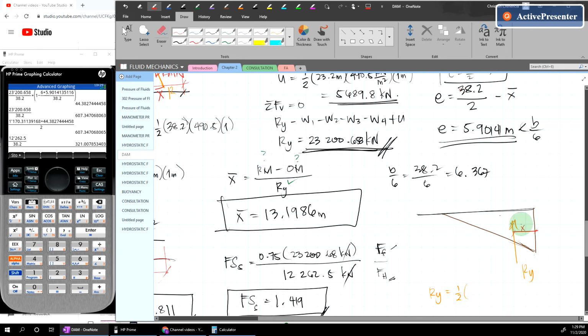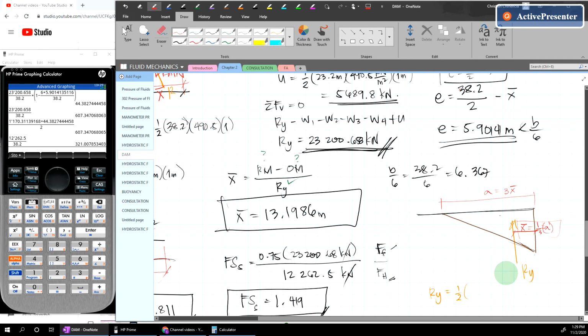Yan yung X bar. Okay. So, then, itong X bar is 1/3 ng base ng triangle, which is, let's say, yung distance A. So, galing dito, yung A is equal to 3 times ng X bar.